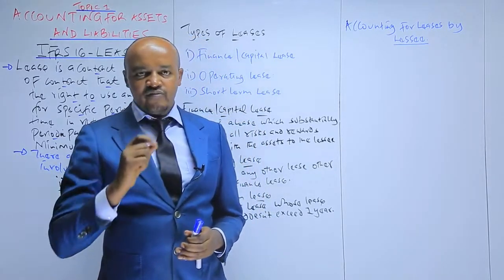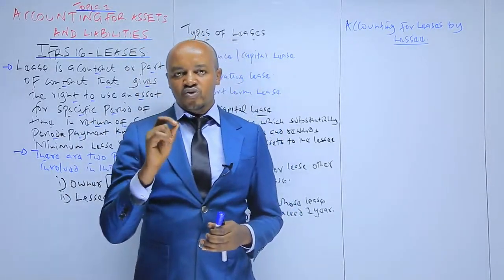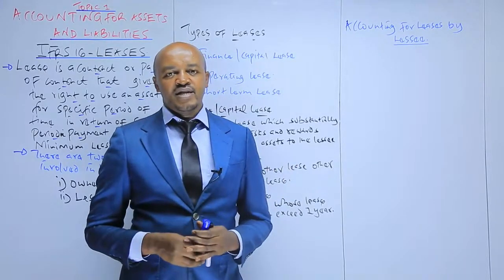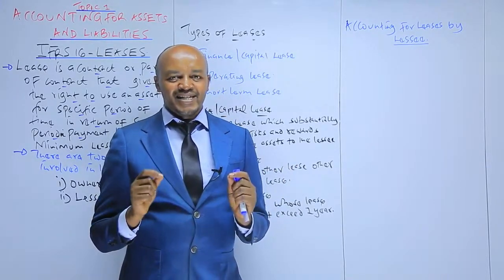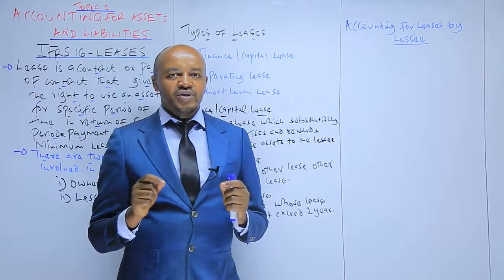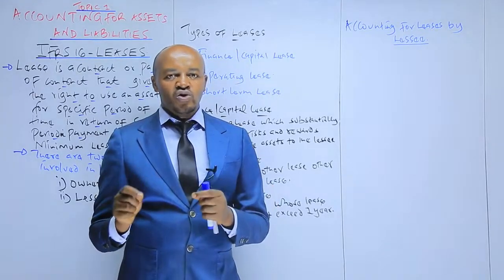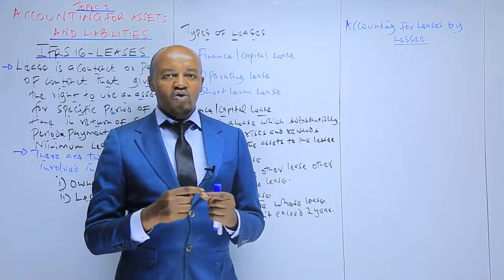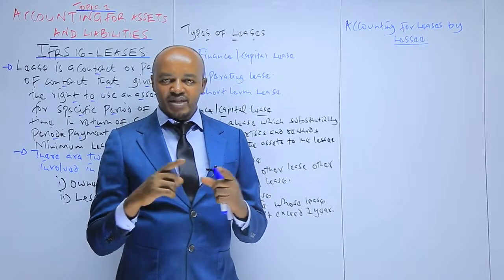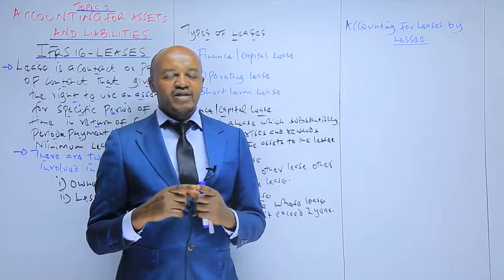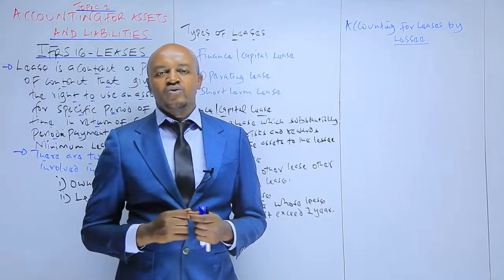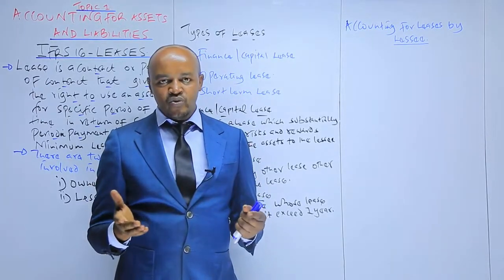Now, one of the important points to note here, as far as accounting for leases by the lessee is concerned, is that the lessee, in accordance with IFRS 16, should not classify the lease as an operating lease or a finance lease. So basically what that means is that classification of the lease as an operating or finance lease only applies to the owner of the asset. The owner of the asset is the lessor.